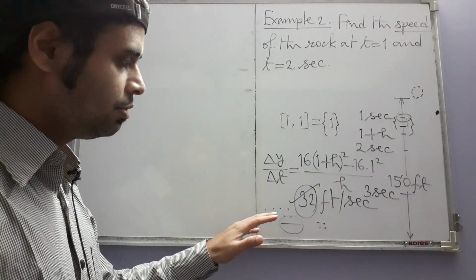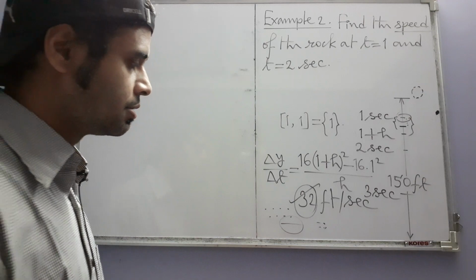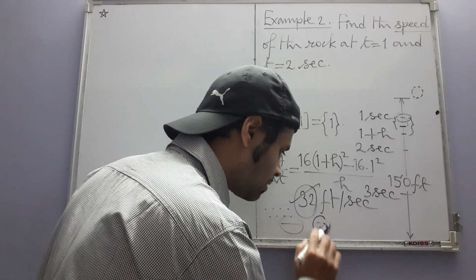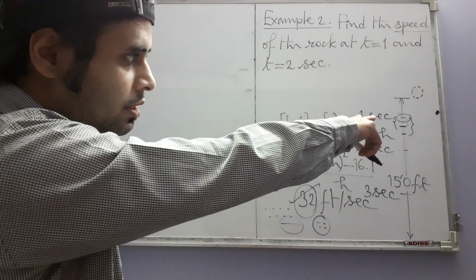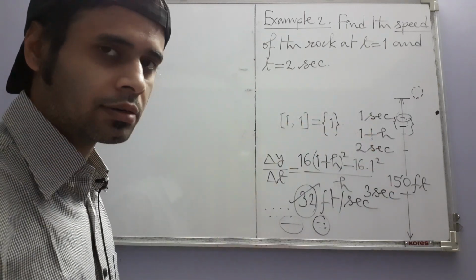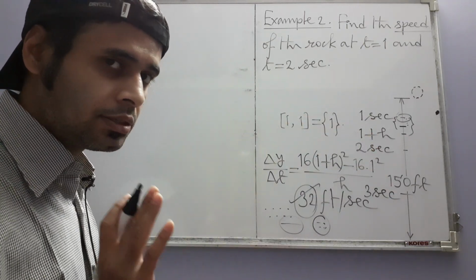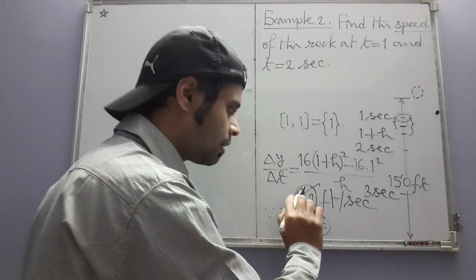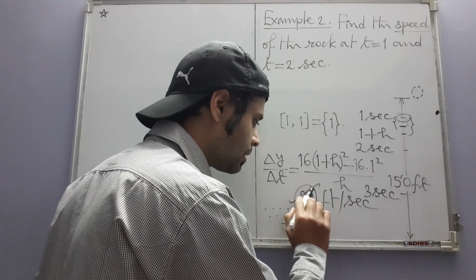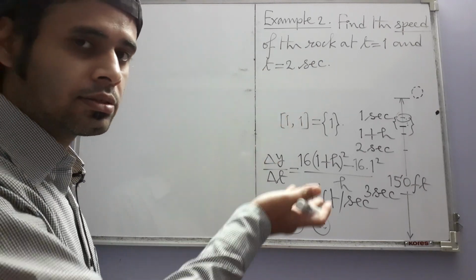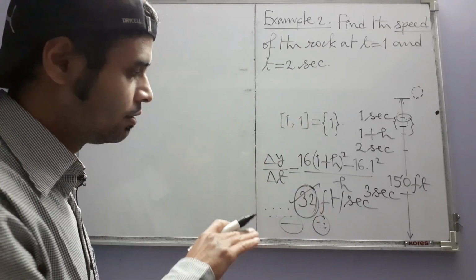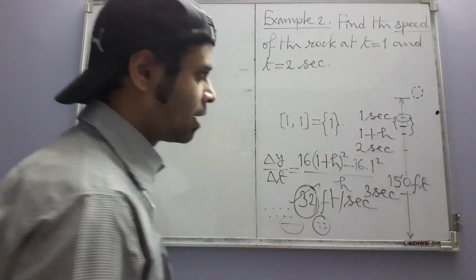By that, what we precisely mean is this: the error can be made as small as we want by choosing a sufficiently small interval. If this is true, then we are ultimately going to say that 32 is the limit, or in this case the instantaneous speed of the rock at the 1 second mark.